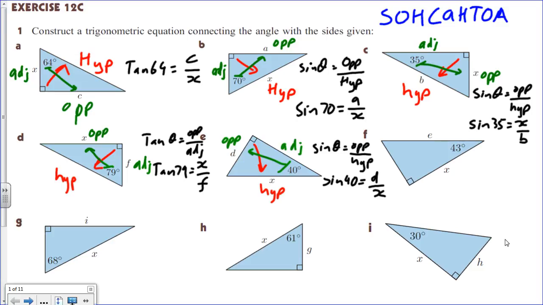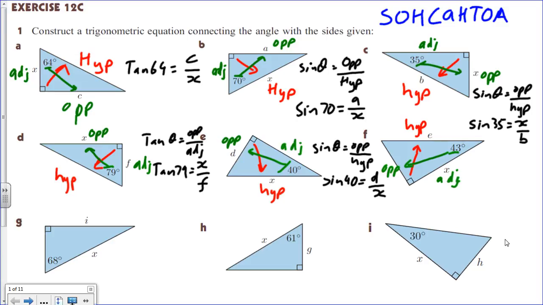Part F. First thing I look for is opposite the right angle. So that's going to be my hypotenuse. Then I look at where my angle is, and the side opposite that is going to be my opposite side. My other side is going to be my adjacent side. So again, I look at SOHCAHTOA.